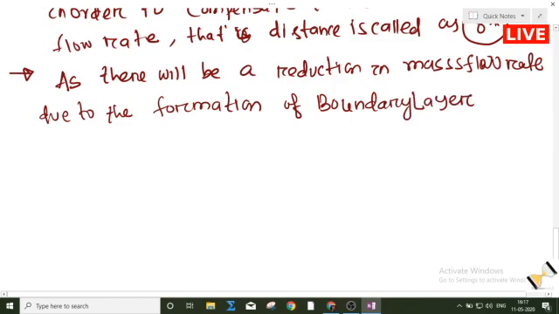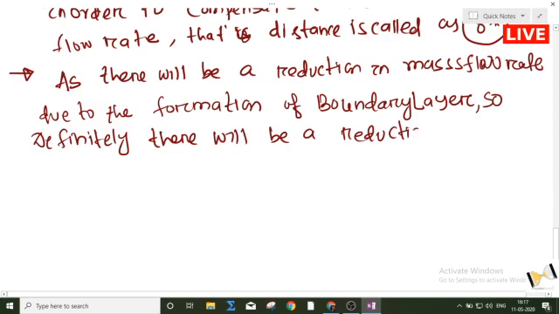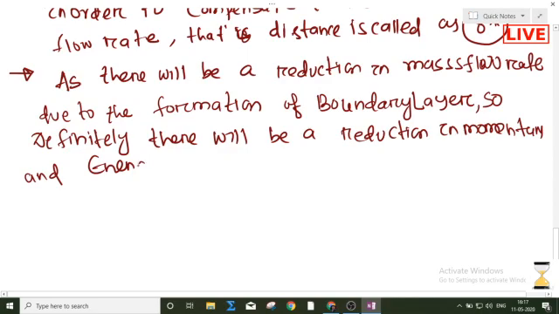Due to the formation of the boundary layer. So definitely there will be a reduction in momentum, and also a reduction in energy, that is, kinetic energy.